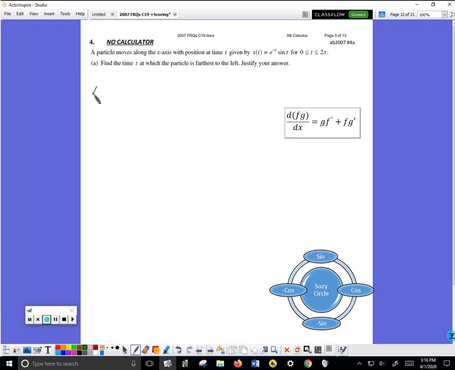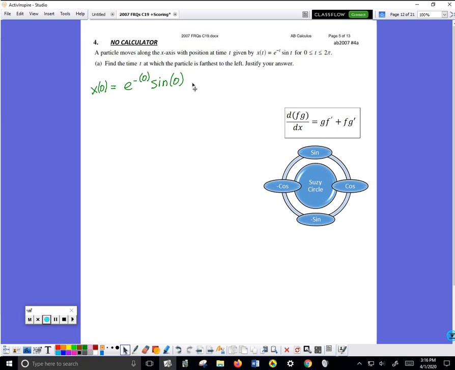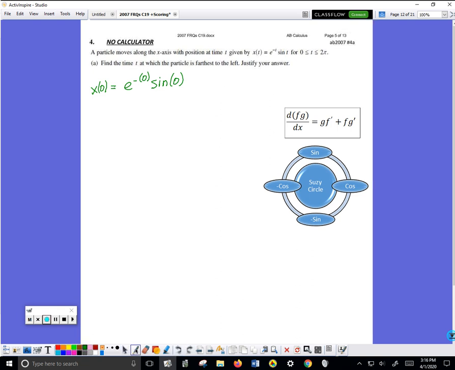So I take the position at time 0, which will equal e to the negative 0 times sine of 0. That one turned out to be pretty easy because at an angle of 0, the sine is the up-down, cosine is the across. So the sine is 0, so this is equal to 0. So that computation was easy.